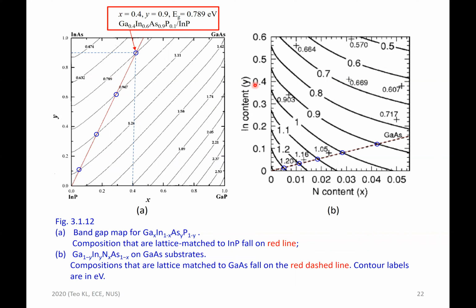Similarly for this graph, you can grow on a gallium arsenide substrate, and let's say you want to grow a quaternary alloy of gallium indium nitride arsenide on a gallium arsenide substrate with a band gap of 1 eV, then you would have a composition of X 0.028 and Y 0.08.